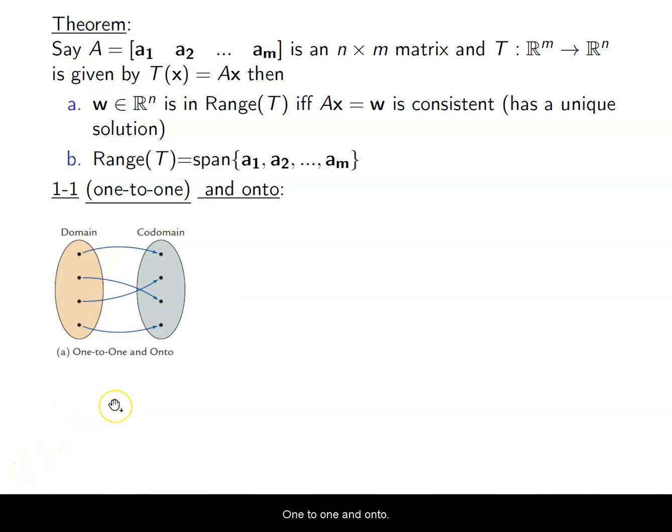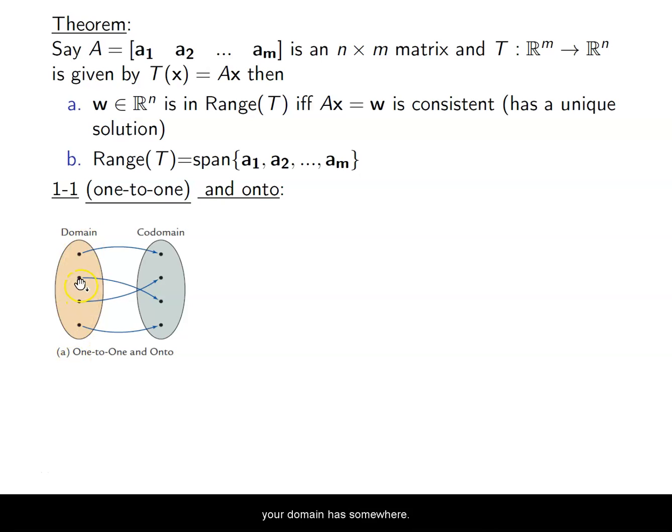So one-to-one and onto. Basically, one-to-one means that everything in your domain has somewhere to go in your range. It goes to a unique place in your range. Onto means that everything gets covered. So this is an example of one-to-one and onto.